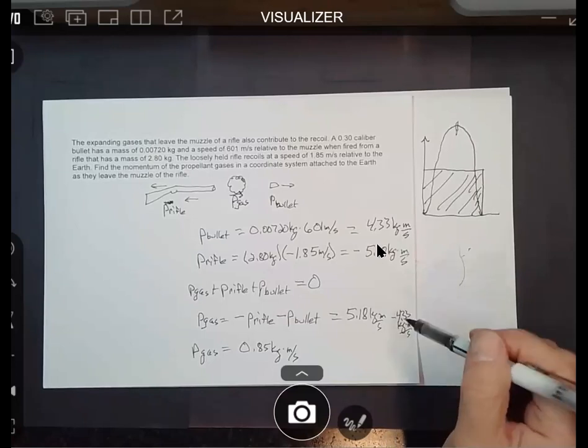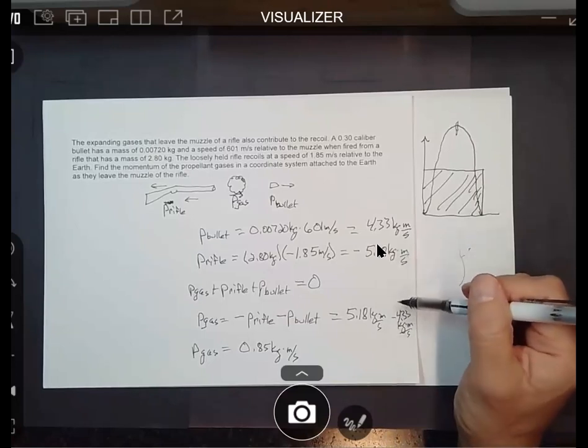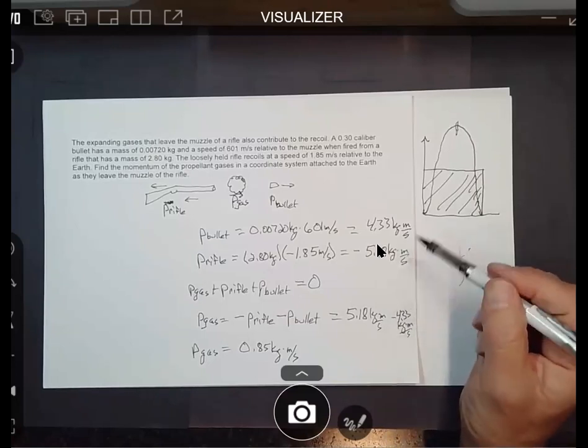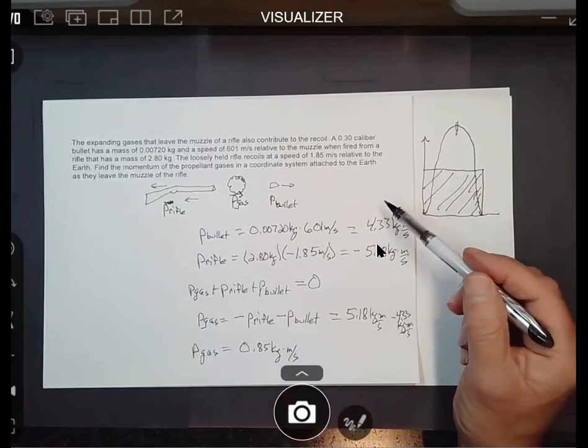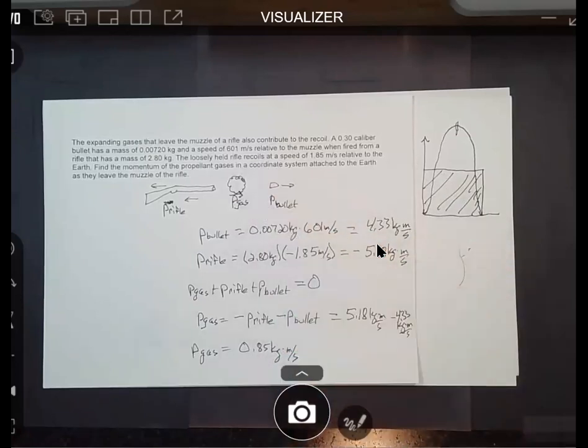But there, you can look at situations, and if you end up with some missing momentum, there must be something that's carrying that momentum away. And in this case, well, they told us ahead of time, it's the propellant gases that were leaving the barrel as well. Yes, that's kind of it for that one.